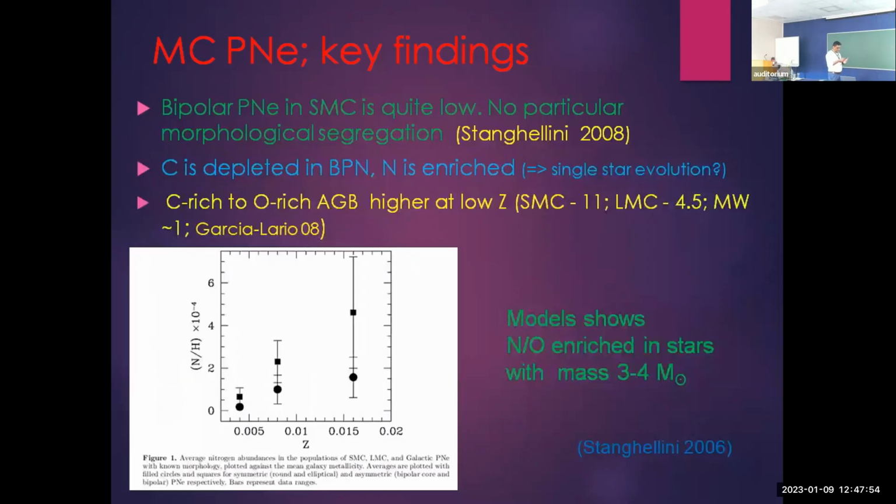Some of the key findings here: the number of bipolar planetary nebulae in the SMC is quite low compared to the number seen in the LMC. That shows there are low mass stars. Carbon is depleted in bipolar planetary nebulae and nitrogen is enriched. This is an indication that the star has evolved as a single entity, that means the direct influence of a binary system is not effective there.